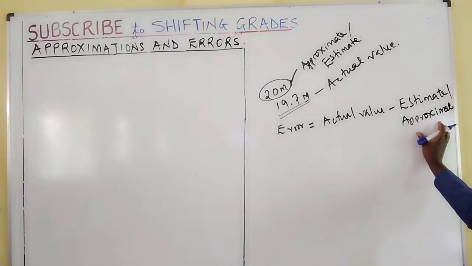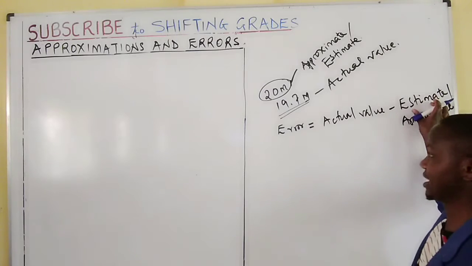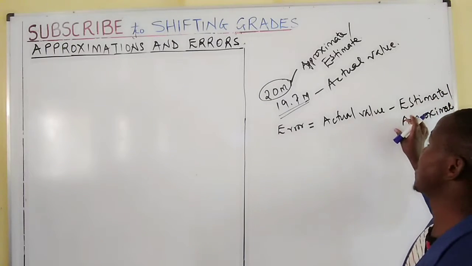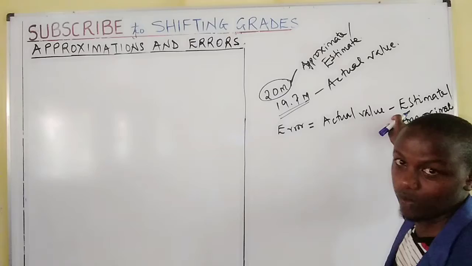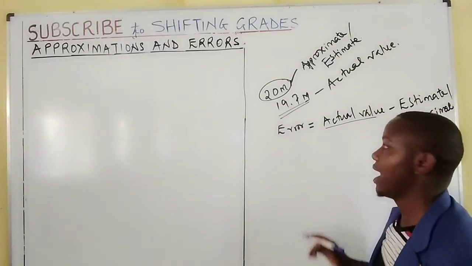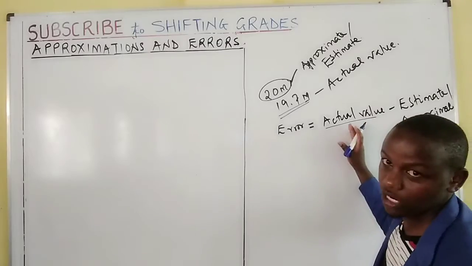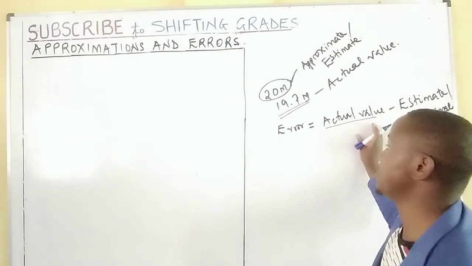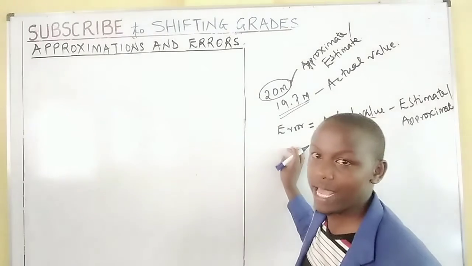Therefore, when you make an approximation or estimate, the estimated value you record will differ from the actual value, and that difference is called an error. We say you have made an error.